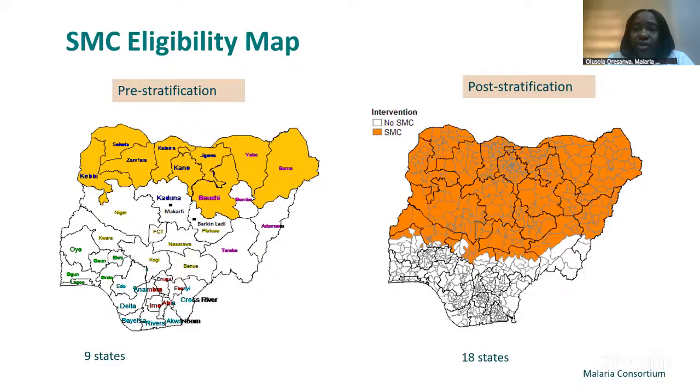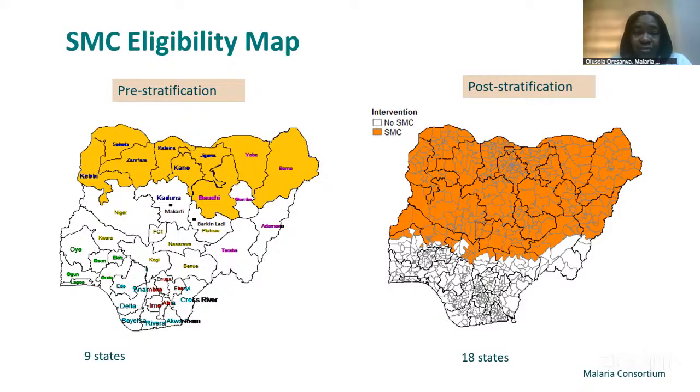Just to mention that prior to this stratification exercise, Nigeria was already implementing SMC, but it was just implementing it in states that were designated as Sahelian states in the country, and that was just 9 states. However, you can see the beauty of stratification, because once stratification was introduced, we realized that there are more eligible areas, more eligible children for SMC than what we were implementing before.